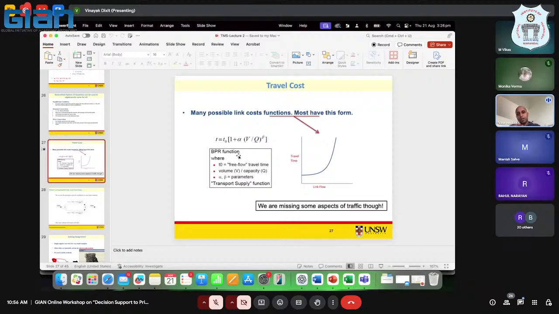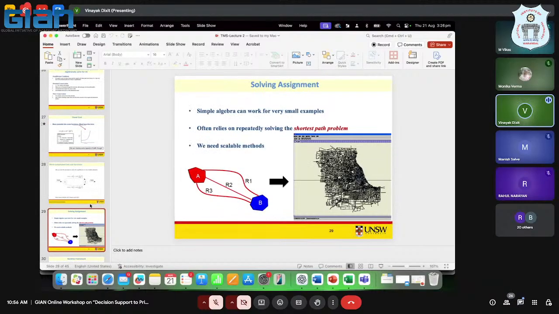you're trying to make sure that you're getting the travel times to be what is expected today. So that is one of the parts of the calibration. And then the validation is making sure that the travel times are coming out to be equal, right? So we talked about this, right? Algebra helps for small examples and often relies on repeatedly solving the shortest path problem.